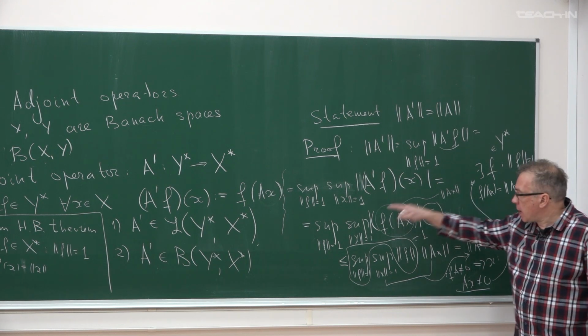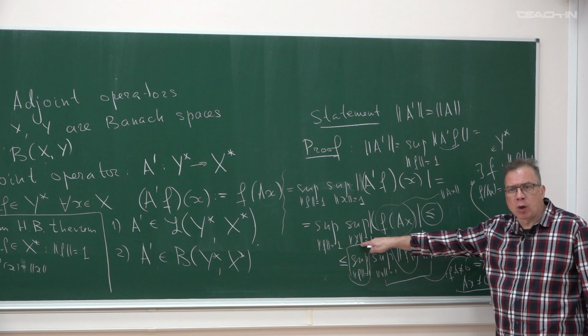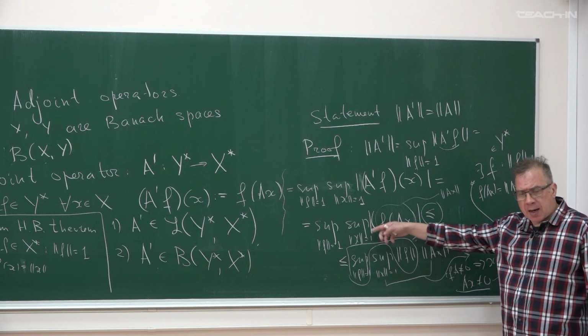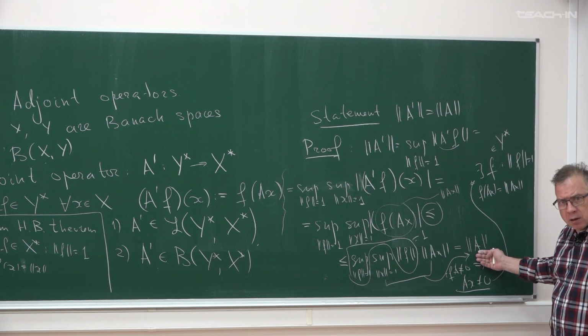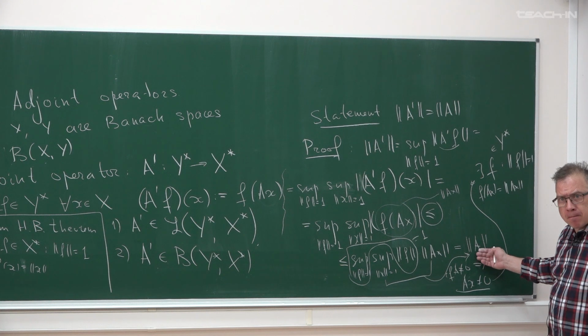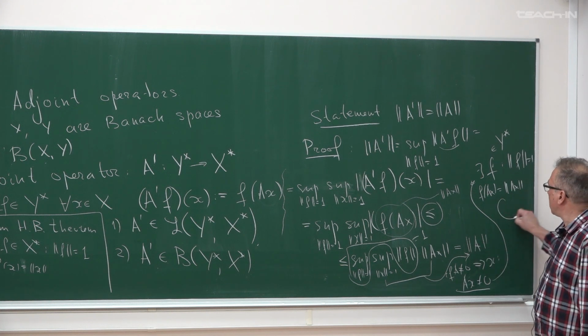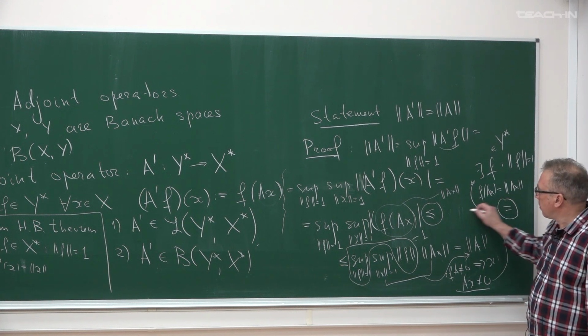After this, we must take the supremum over all x with norm 1, and then we obtain equality with the norm of A. Is it clear? This gives us equality in this.